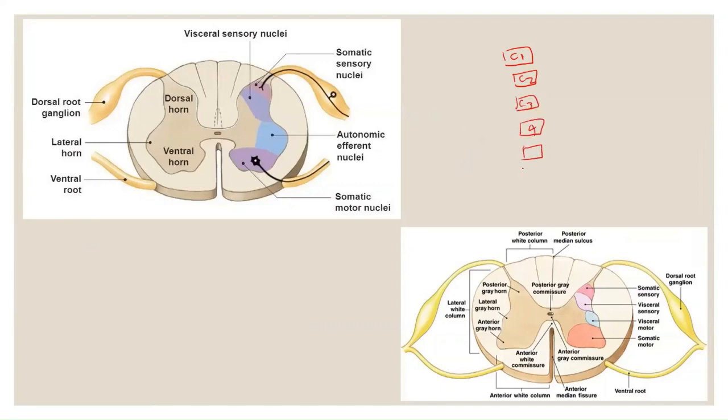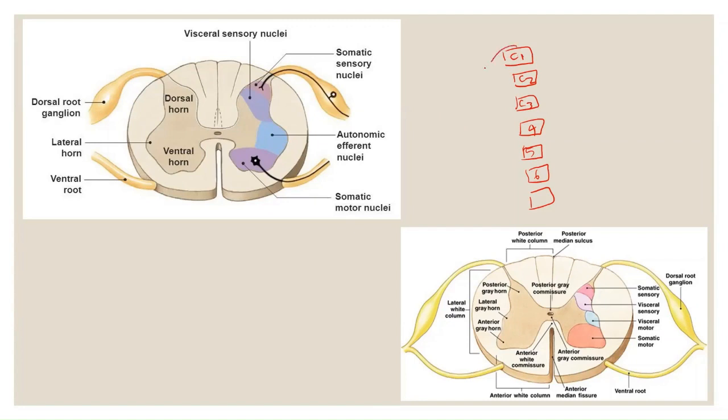How many cervical vertebrae do you have? 7. Yes. Very good. So you have 7 cervical vertebrae, and the spinal nerves emerge from between these vertebrae.